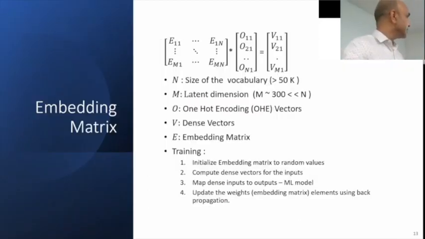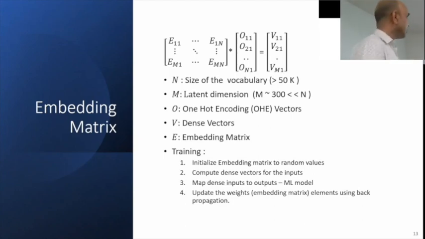So here it is very simple. You all are familiar with matrix notation. So at the top, these O vectors, O is the one hot encoding, and the E matrix is the embedding matrix. You apply the embedding matrix on that, and you get the dense vectors.